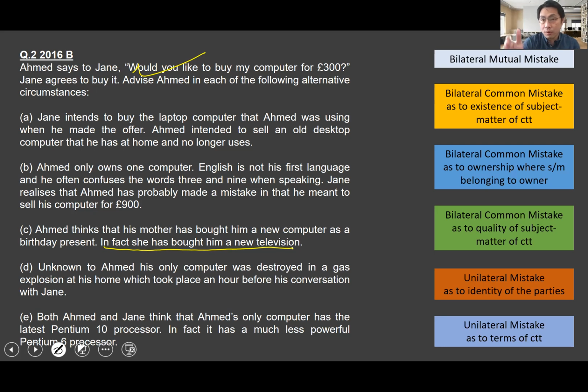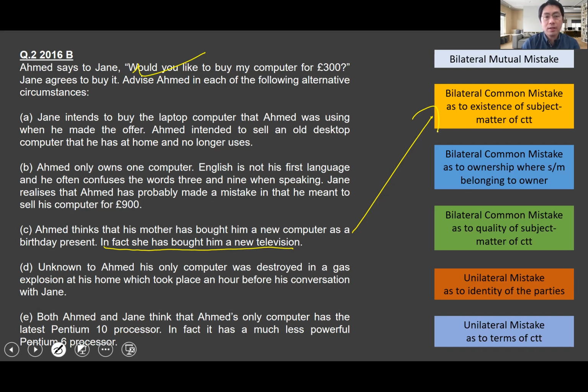And in your types of mistake, there's only one category that is as to existence, and that is here, a bilateral common mistake as to existence of the subject matter of the contract, that is, the new computer does not exist.